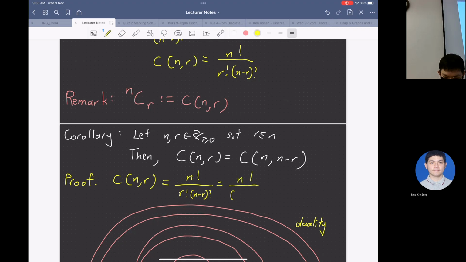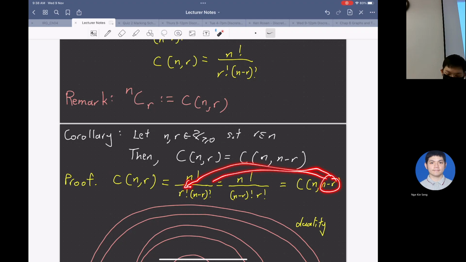You substitute n minus r here, and then n minus r here, and then what is n minus r?